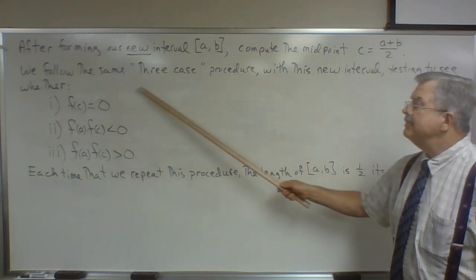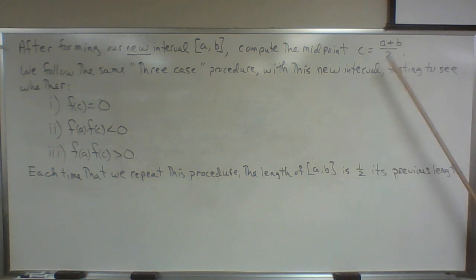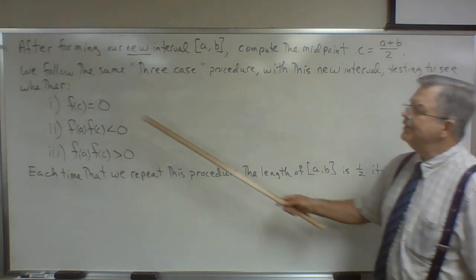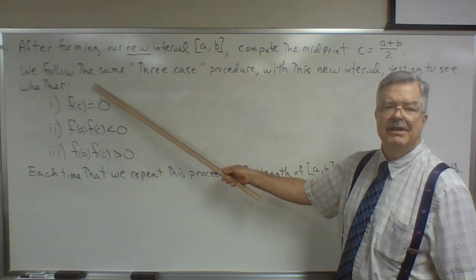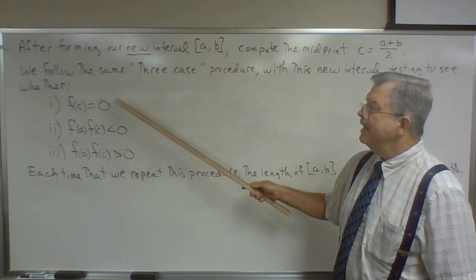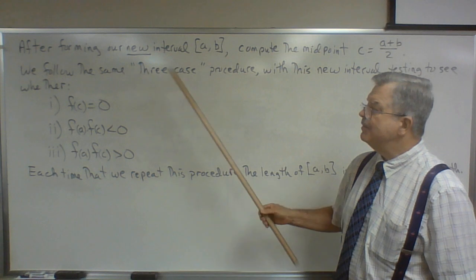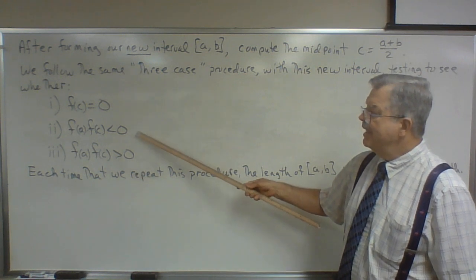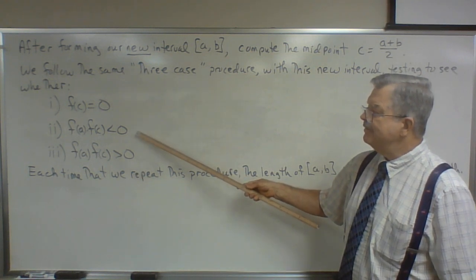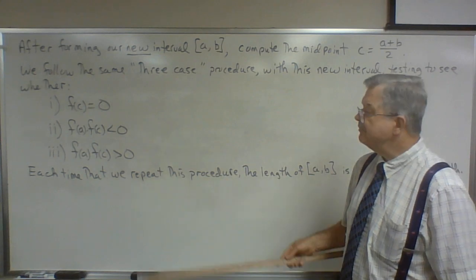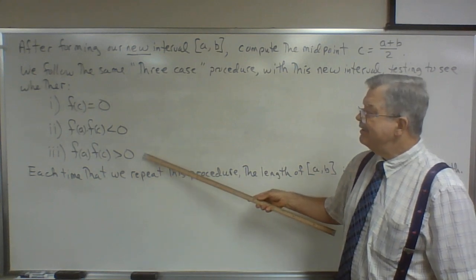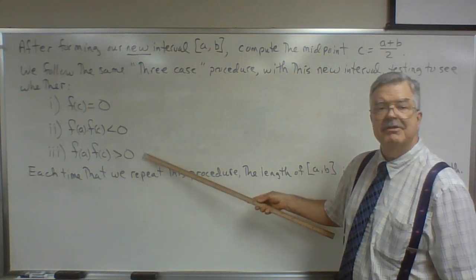And we follow the same three-case procedure with this new interval, testing to see which of these three cases is going to be true. Either f of c equals 0, f of a times f of c is less than 0, or f of a times f of c is greater than 0.